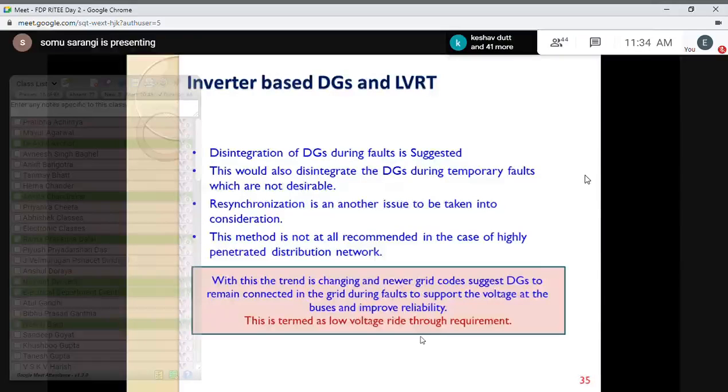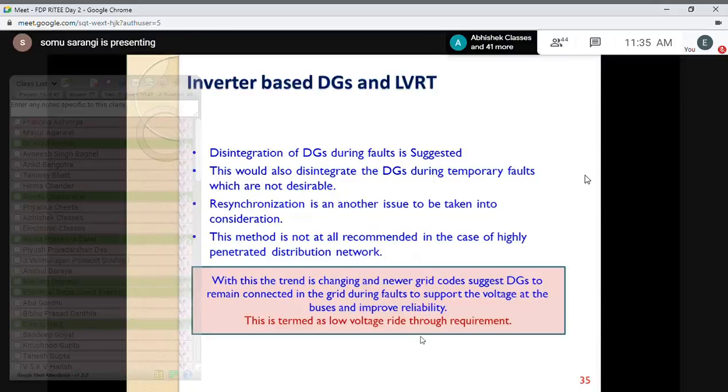And the switches we have in the inverter do not have that much capacity to handle the higher voltage across them. So we have to design the switches or the control technique in such a way that these two objectives are achieved, meaning they can withstand the fault current and handle the transient type of fault.